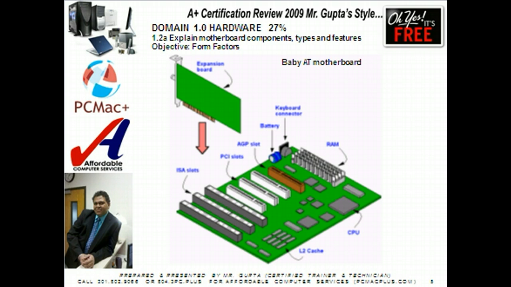Some issues with the AT and Baby AT design were the location of the features on the board. The CPU socket was placed in the front so that it would not interfere with longer bus cards. In some designs, the memory sockets were similarly placed.